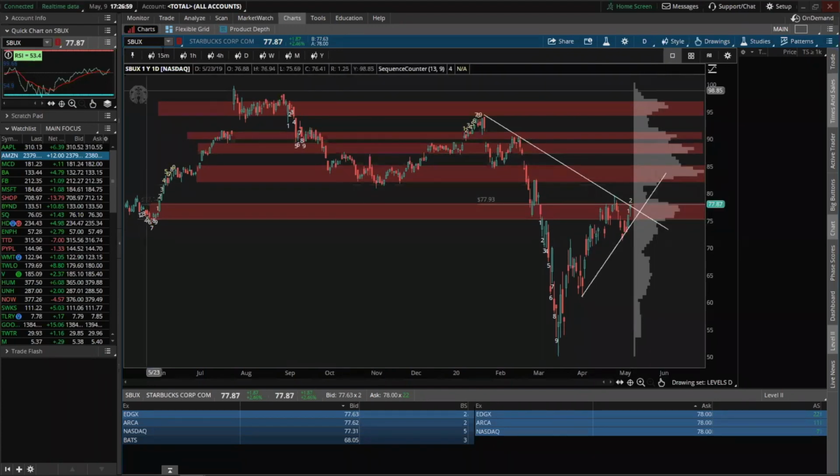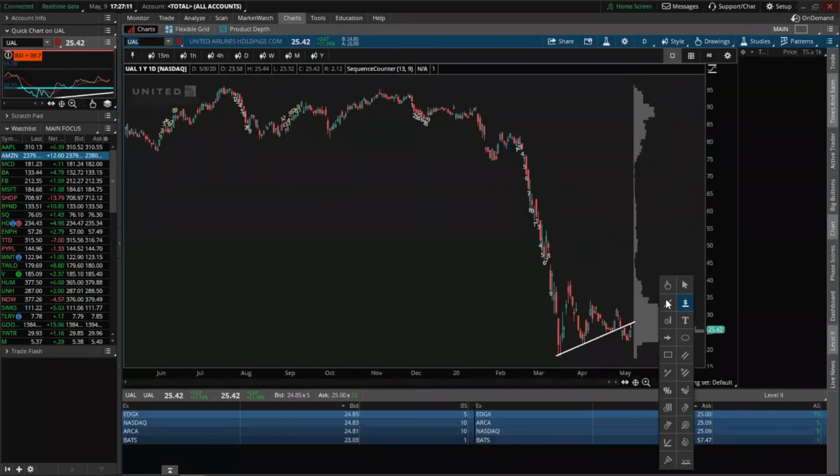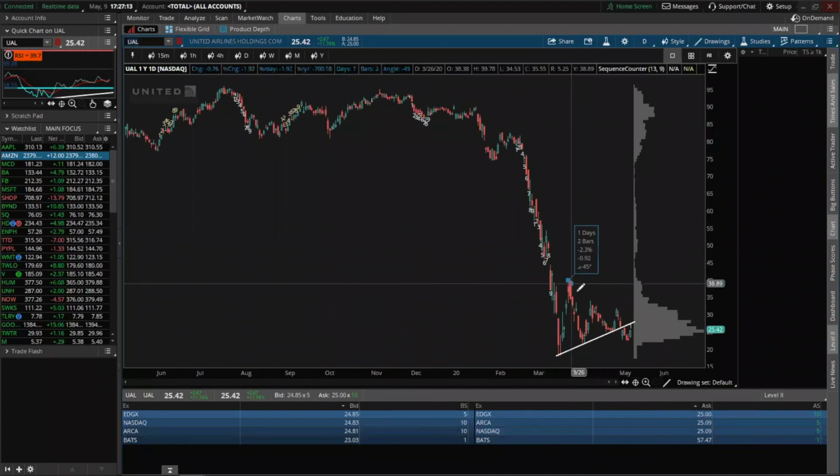And if I'm trading a downtrend, give me a name that's trending down. UAL, let's say, right? So same story like here, right? So for example, let's say this is the new downtrend, okay?